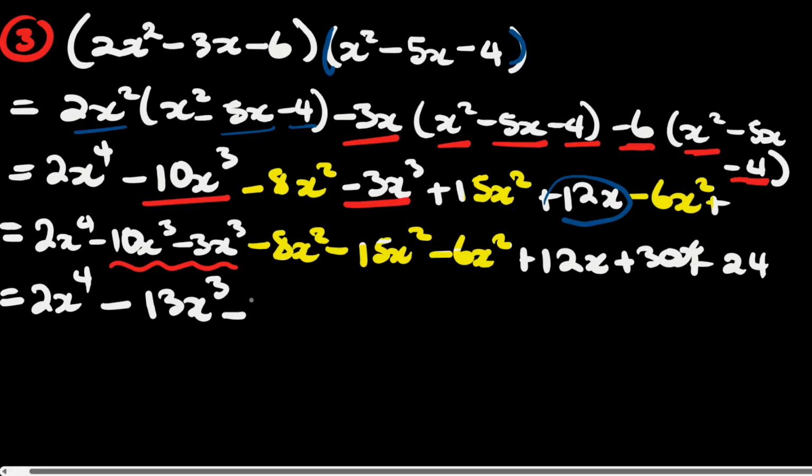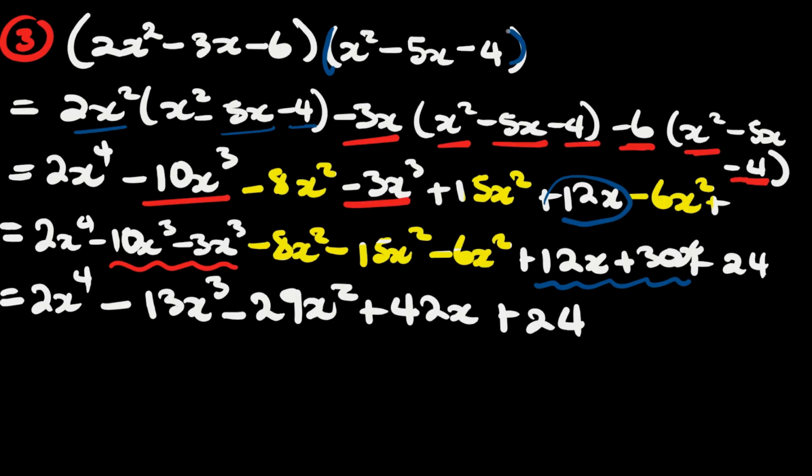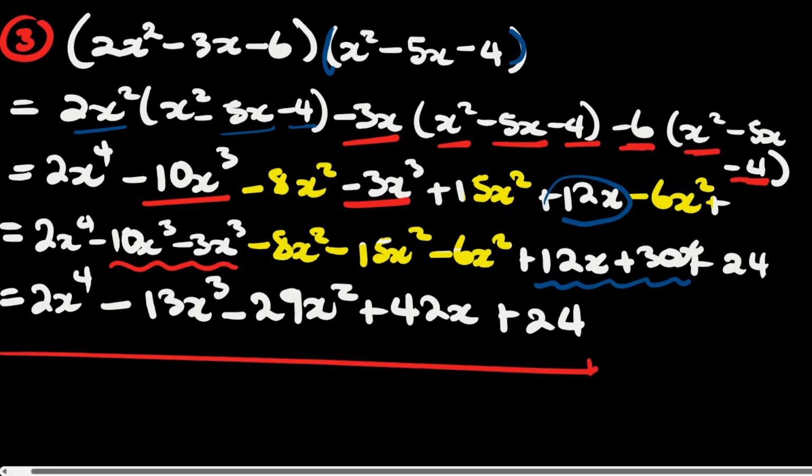Then negative 23 plus 6, it's negative 29x squared. Then now we are at the final part of like terms, which is 12x plus 30x. This is 42x plus 24. And this is our final answer. There's nothing more to be done.